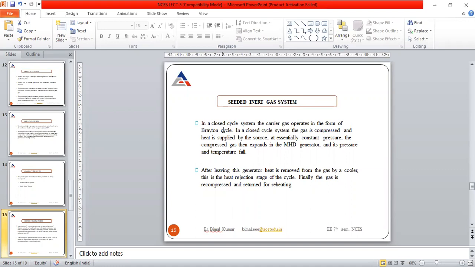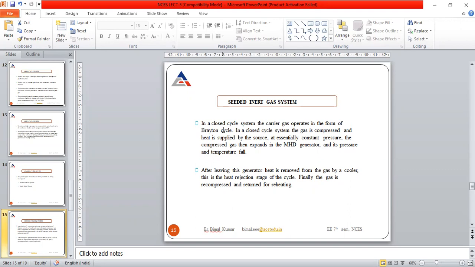In case of this closed cycle seeded inert gas system, gas is compressed and heat is supplied by the source at essentially constant pressure. The compressed gas then expands in the MHD generator and its pressure and temperature fall. Then after leaving this generator, heat is removed from the gas by a cooler.